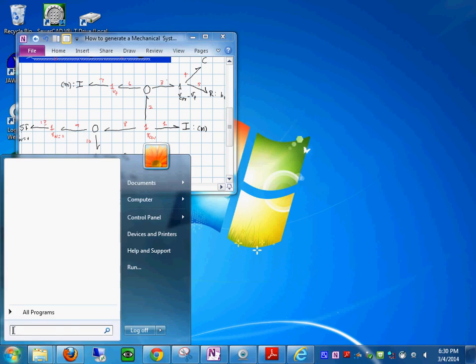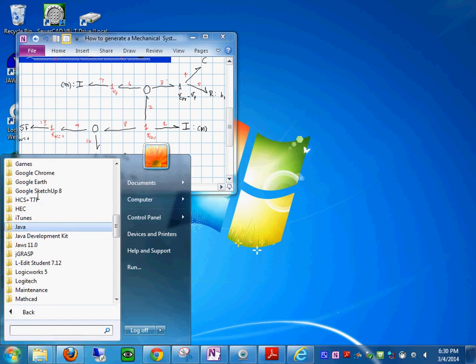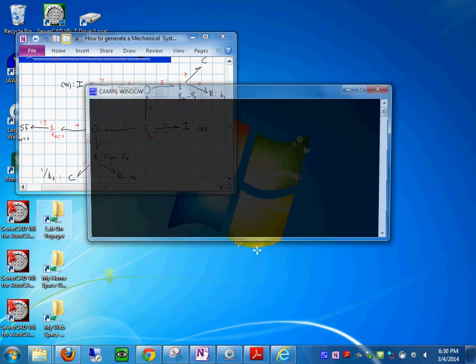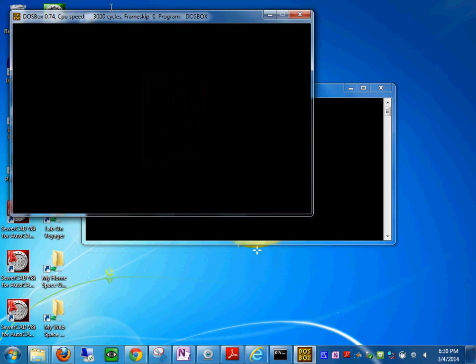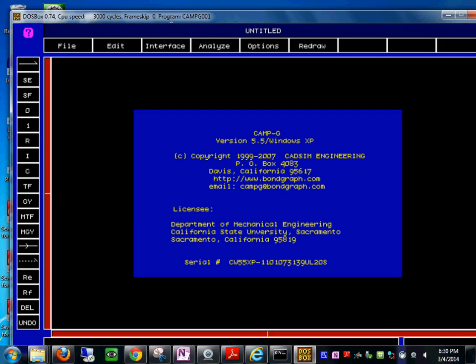Now we go over here and we say, okay, we need to look for the CAMG software, of course, and then click in there, and you're going to have this, but we don't need it this big.